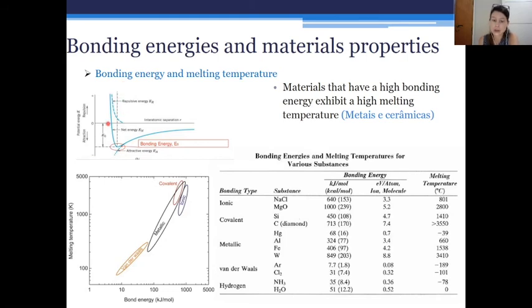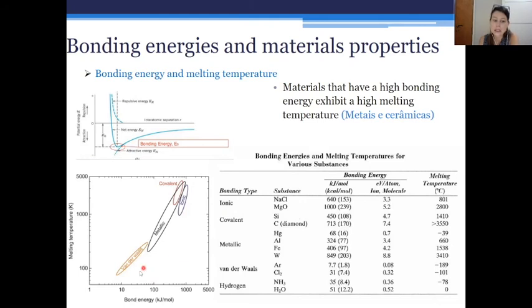If we look either at this table that we already saw briefly, or at this graphic that is even more clear, when the bond energy increases, the melting temperature of the material increases. And so the melting temperature of a material will depend extremely on this bond energy.